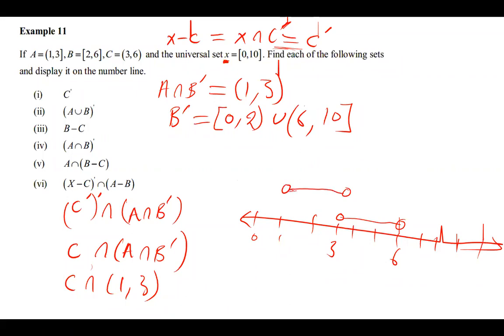So here we're trying to look for the common elements between C and this set which we found. So what is the common element here?